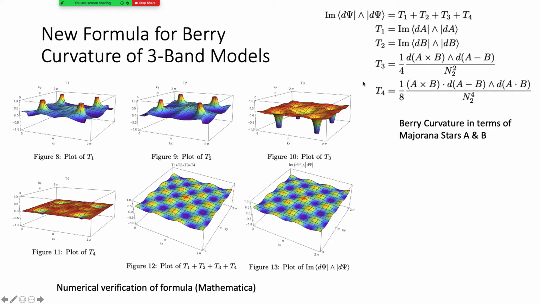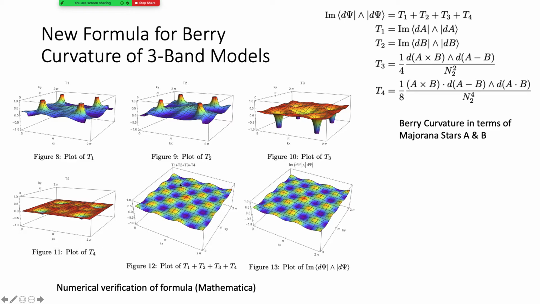I proceeded to use this formula to plot and understand why the Berry curvature is relatively uniform, why the Berry curvature is so nice. If we take this graph over here, figure 12, and split it up into the four terms T1 to T4, then we get figures 8 to 11.